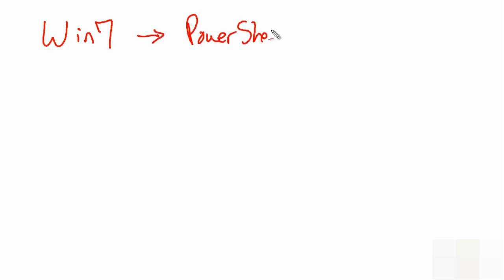So to take this in a different direction, here's what a lot of folks will find themselves running into. They'll say, okay, look, I'm on Windows 7, which comes with PowerShell version 2. But I've gone ahead and upgraded, so now I have PowerShell version 3.